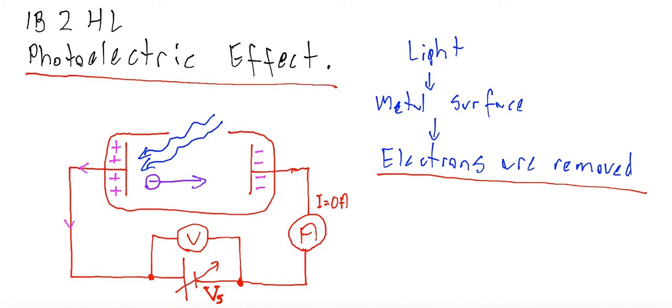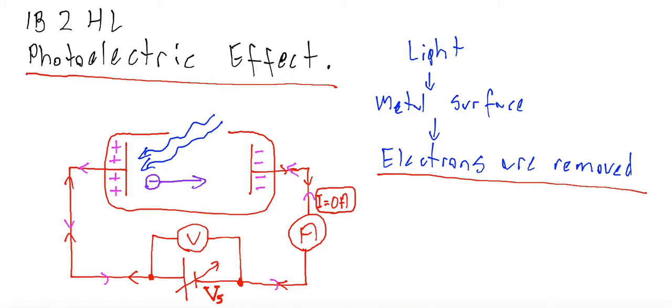Current created by the photoelectric effect, which tries to flow in this apparatus counterclockwise, and current created by the variable power supply, which tries to flow clockwise. If these two currents are equal, then the ammeter shows 0 and no current is in the circuit.